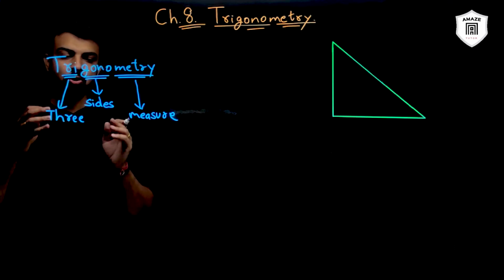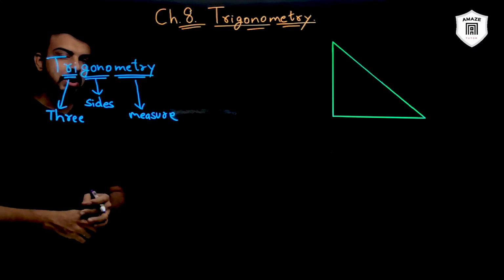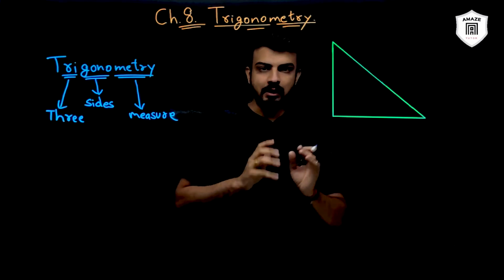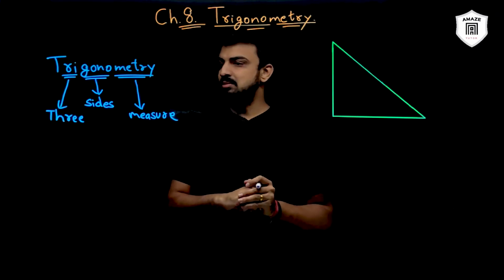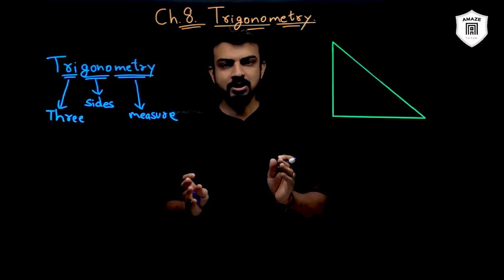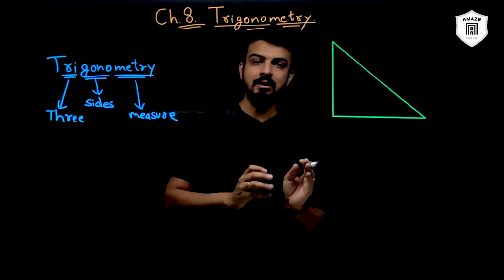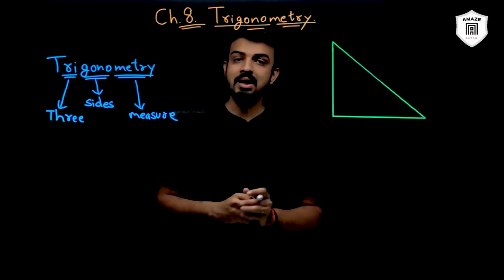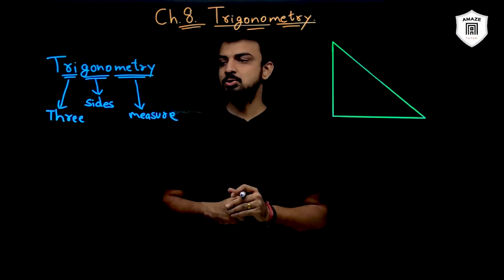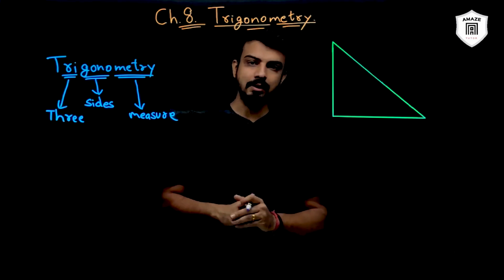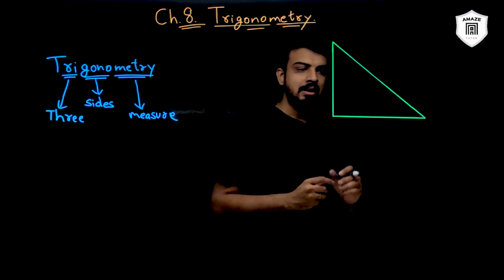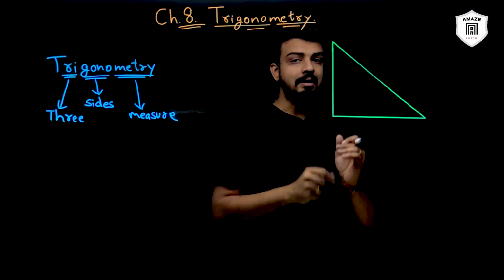Here we are going to see only right angle triangles. As per the syllabus, trigonometry is associated not only with right angle triangles but with non-right angle triangles also, but in this chapter we are just going to focus on right angle triangles.